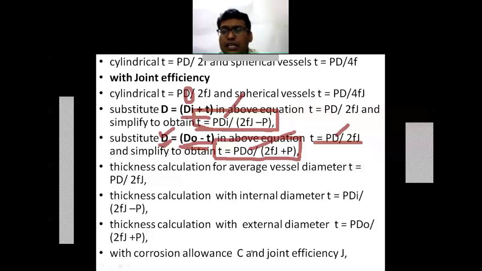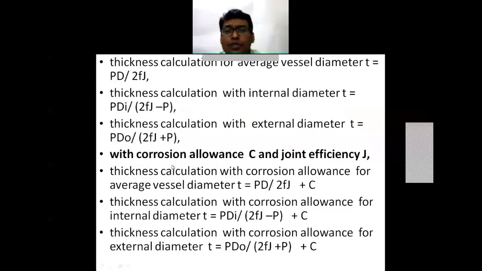Now the C, that is the corrosion allowance, can also be added to this. So with the corrosion allowance, the thickness will be equal to PD upon 2fJ plus C. C is the corrosion allowance that has been added.